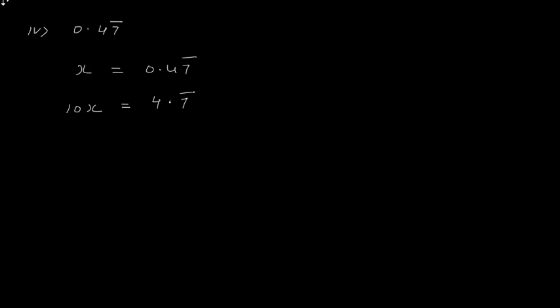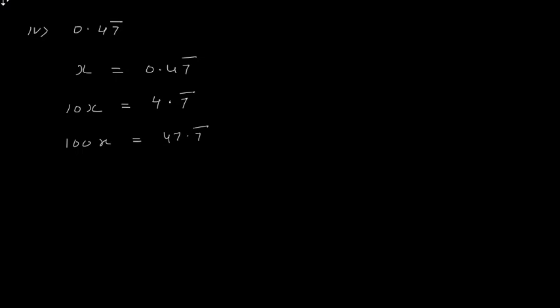So again there is a method that you first bring any number which does not carry bar to the left of decimal, by suitably multiplying by 10, 100 like that. Then again, as there is a bar on one digit, so multiply this 10x by 10. So here I will get 100x, and here I get 47.7 bar. Now it is easy to subtract this 10x from this 100x.